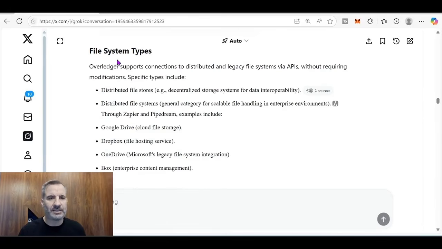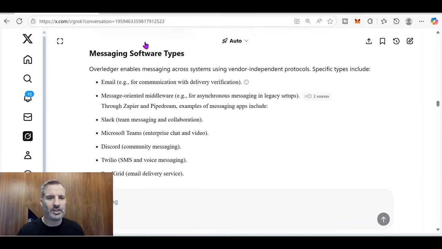So, different file system types that Quant connects. Overledger supports connections to distributed and legacy file systems via APIs without requiring modifications. Specific file system types include distributed file stores, distributed file systems, Google Drive, and Dropbox, for example, which is file hosting. Then messaging software types, so these are other things that Quant connects.